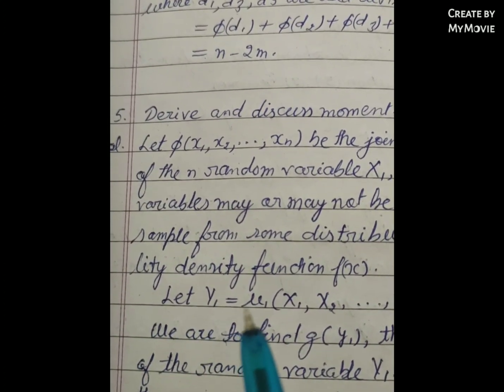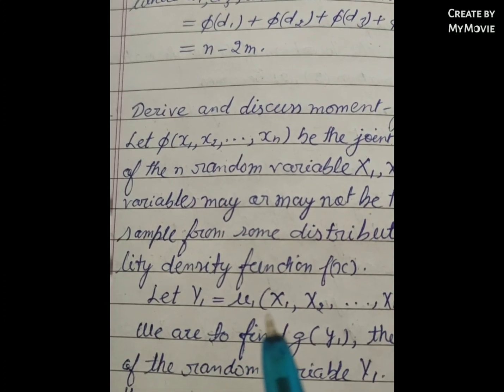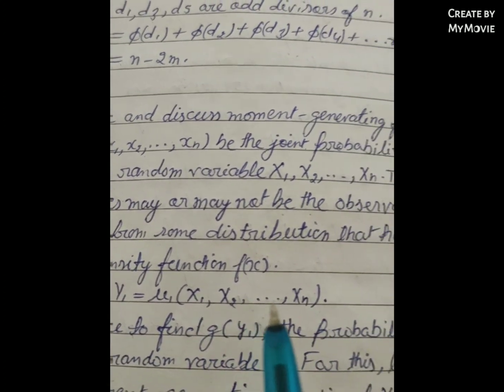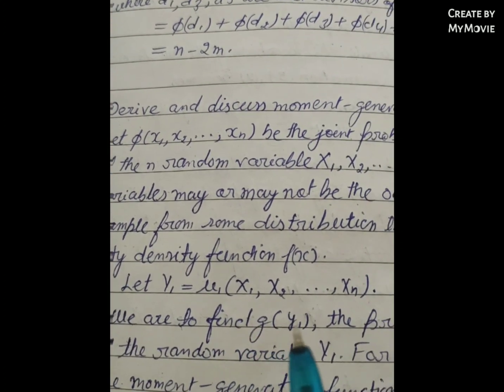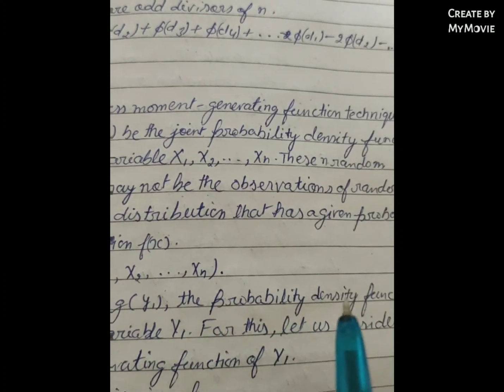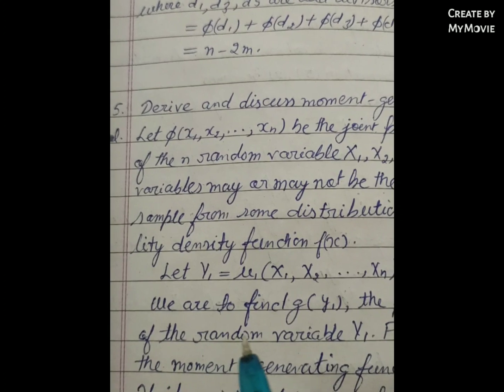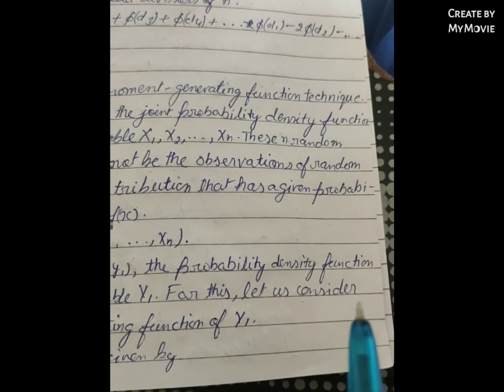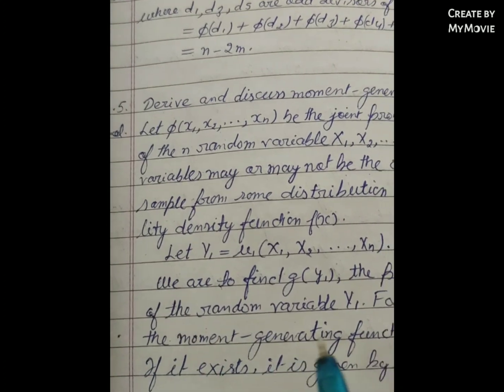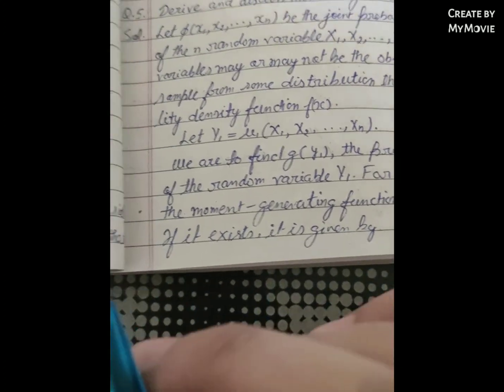Let Y1 = u1(x1, x2, ..., xn). We are to find g(y1), the probability density function of the random variable Y1. For this, let us consider the moment generating function of Y1.